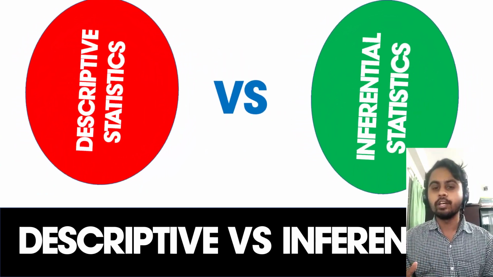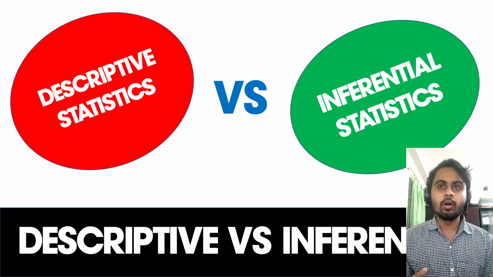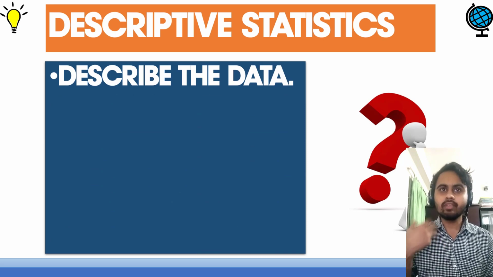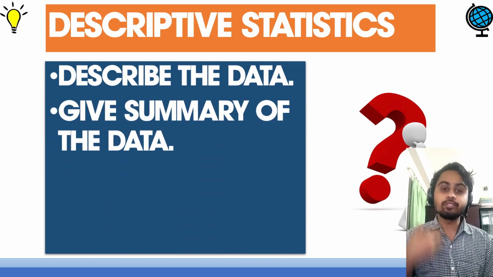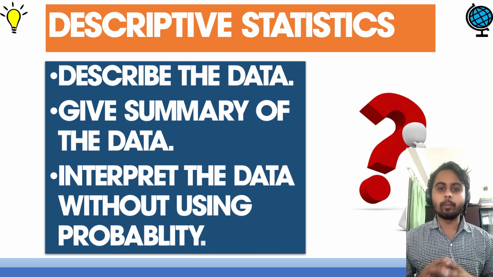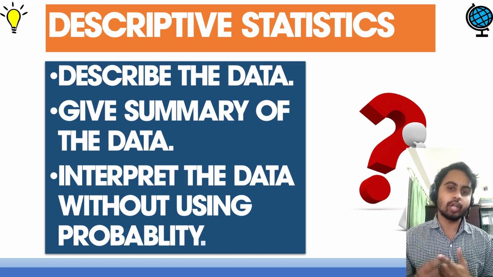As I already said, these are two broad areas of statistics. In descriptive statistics, our goal is to describe the data, give a summary of the data, and interpret the data without using probability. That is the most important term to identify which one is descriptive.